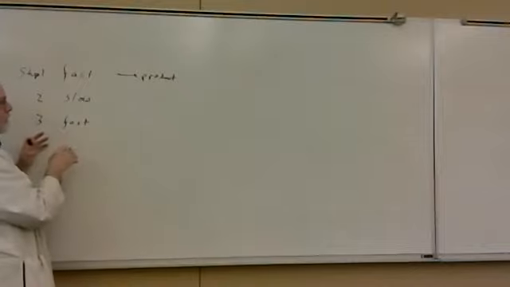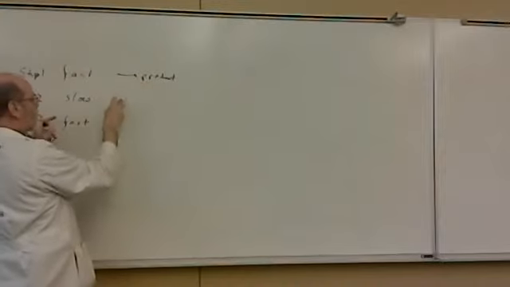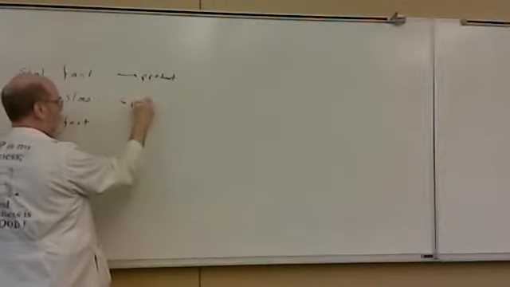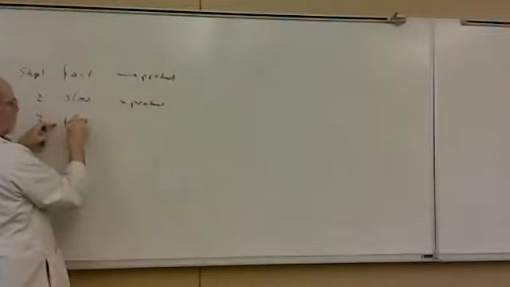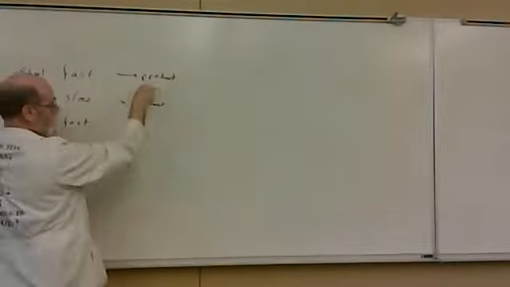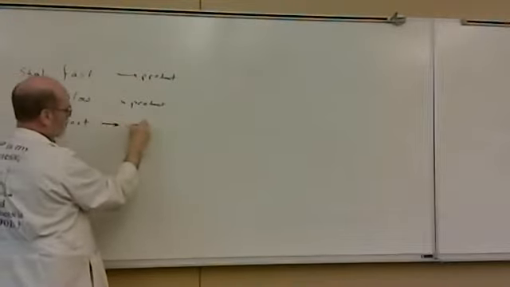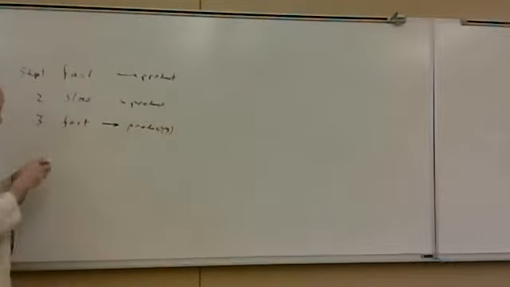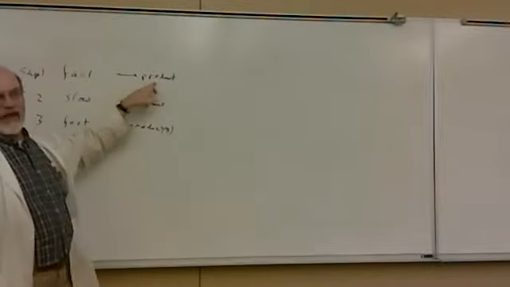So whatever's produced over here then enters this slow step, and it produces product. And then something from this product may interact with something from up here, and then it produces the final product, or products. So this one proceeds very fast, but it's stuck out here.